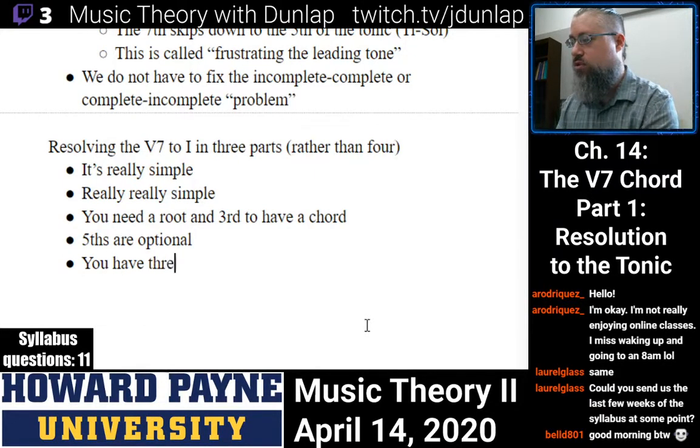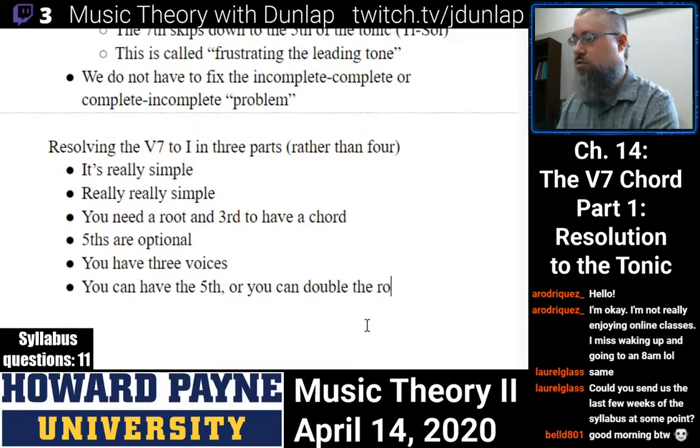You have 3 voices. You can have the 5th, or you can double the root. Does everyone understand that? You can have the 5th, or you can double the root. That means you could have, wait, 5ths are optional. You need a chord.